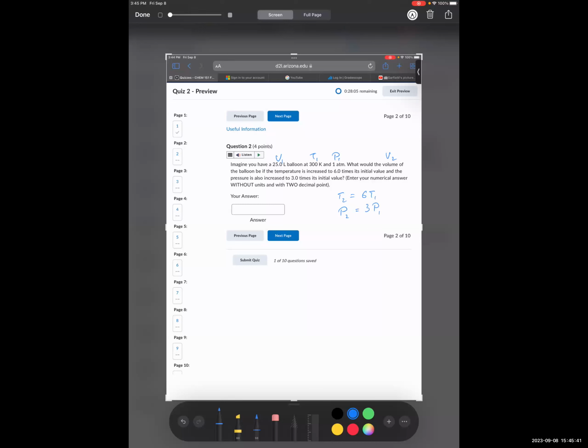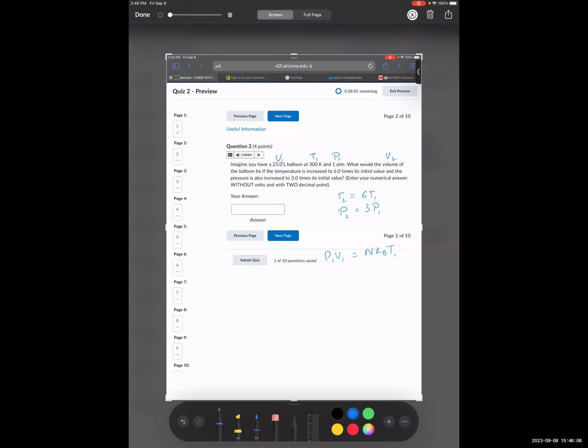Now we're going to write two equations. So we have P1 V1 is equal to N k_B T1, the number of particles times the Boltzmann constant times temperature. The number of particles is not going to change because we are dealing with the same number of particles in the balloon, since we're not taking any out.